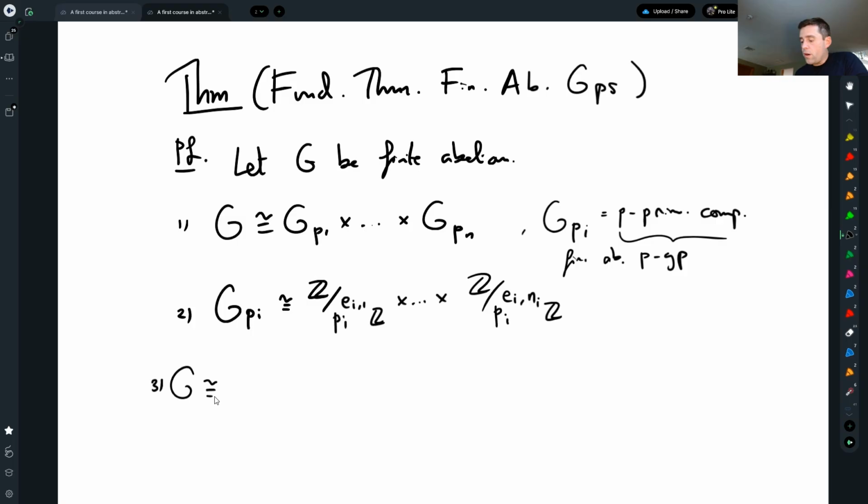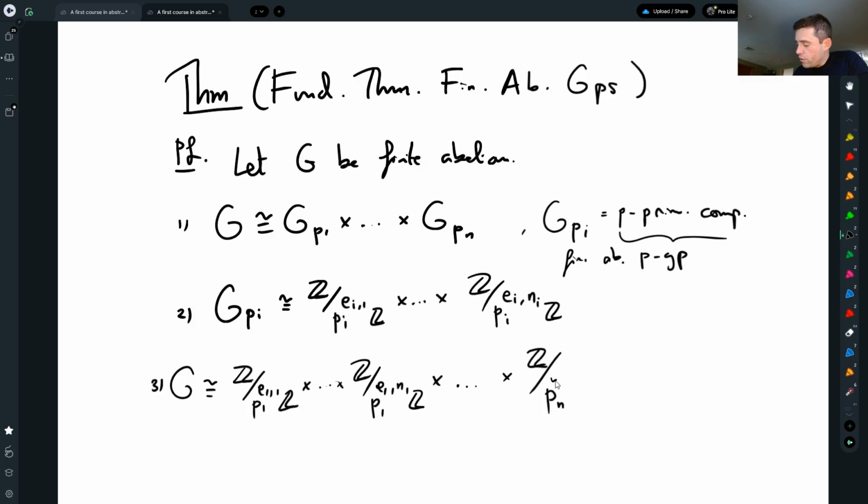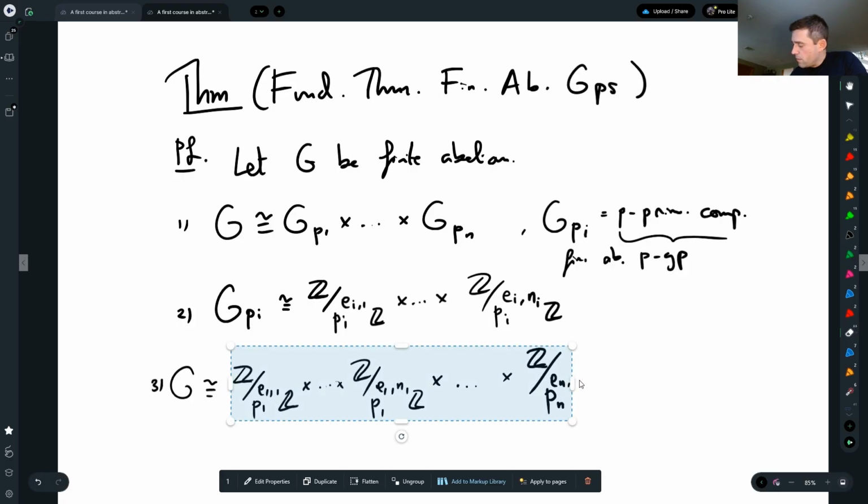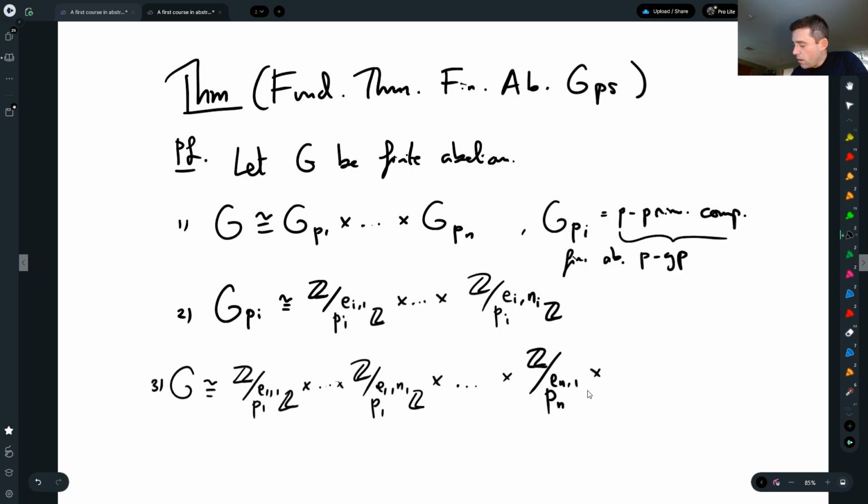And therefore, what happens with G? Now I can put it all together. For the first prime, there will be Z modulo p1 to the e_1,1, up to Z modulo p1 to the e_1,n1, and then for the second prime, etc., up to the last prime, the nth prime, with up to however many copies there are of the last one.